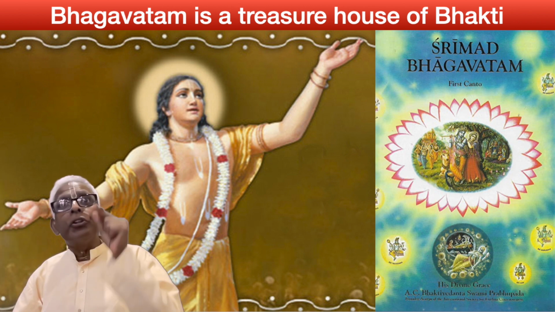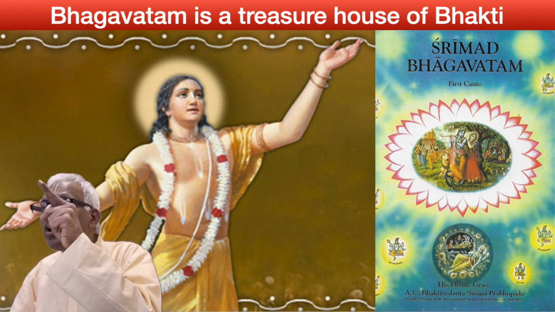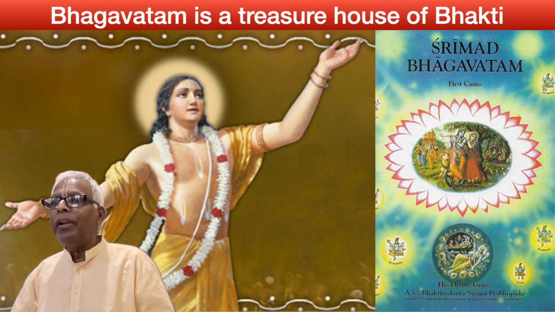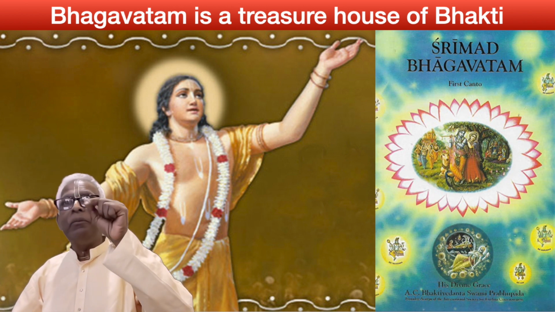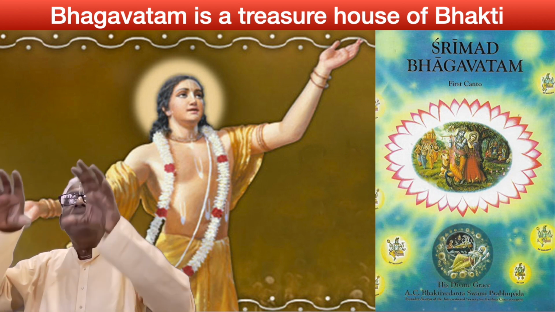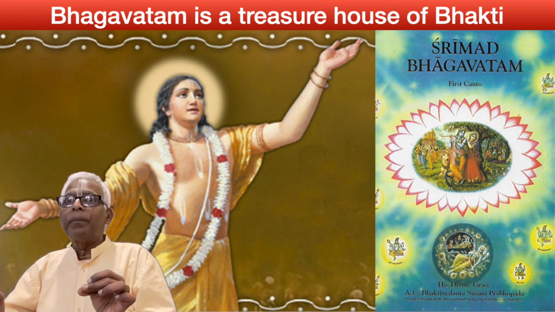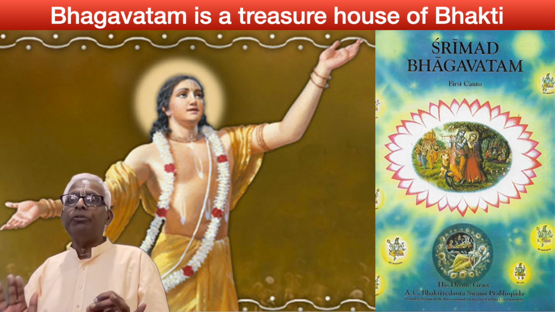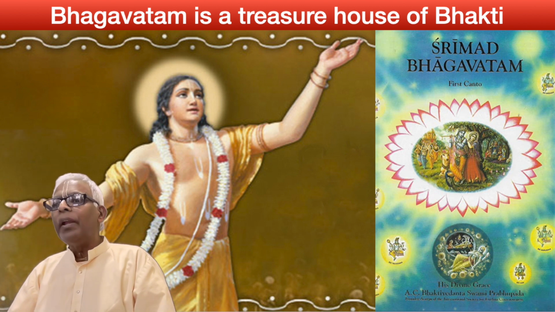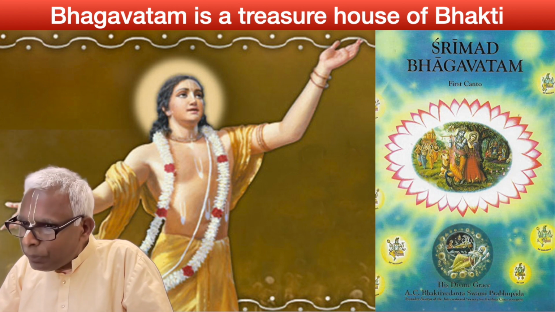Krishna says, I am not independent, I am controlled by my devotees. So it is very important to see that Krishna Bhakti is the topmost goal of a jiva. This is why we are reading Srimad Bhagavatam. It can give the topmost goal, Krishna Bhakti.